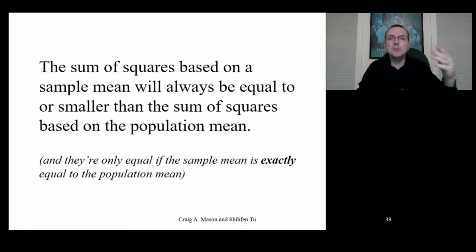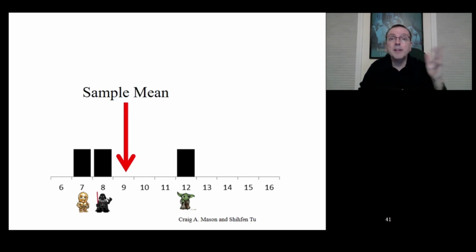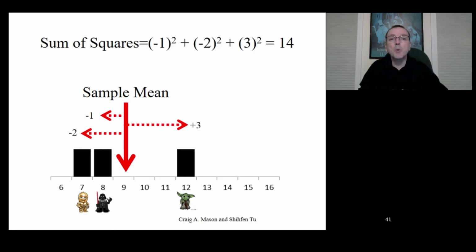To see that, let's return to the quiz scores for C-3PO, Darth Tater, and Yoda. Here's the distribution of quiz scores, right? The sample mean was 9, so our deviations from the mean are -1, -2, and +3. This works out to a sum of squares of 14.